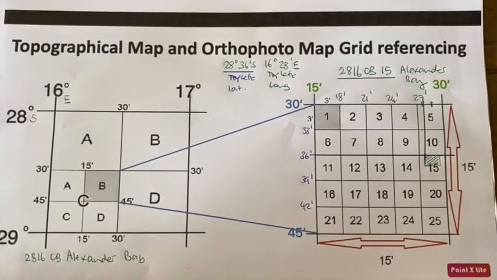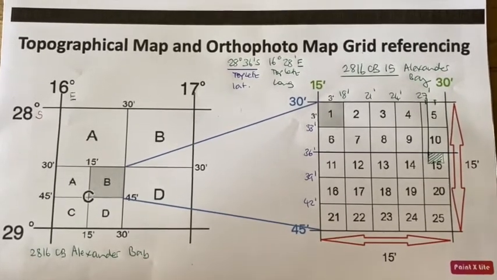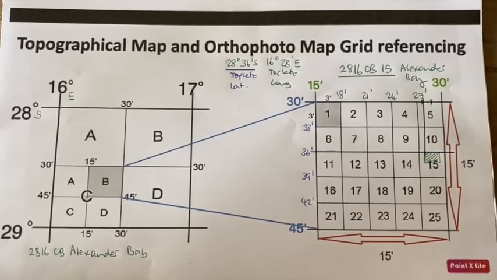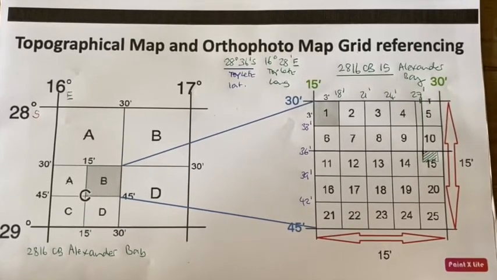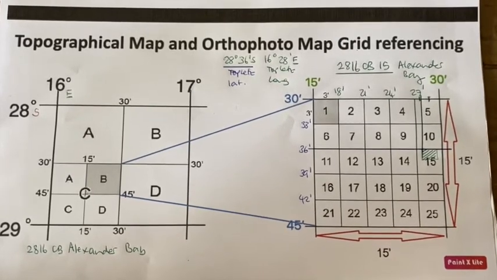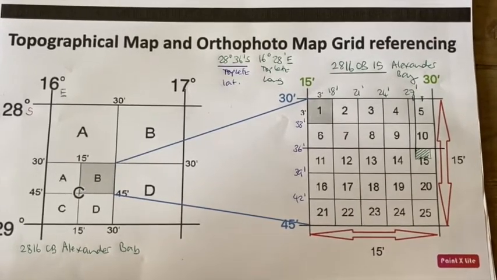So if you look at the top left-hand corner of your orthophoto map, you'll see you have the 28 degrees and 36 minutes line as the top left corner in terms of latitude, and you've got 16 degrees and 28 minutes east being the top left line of longitude.